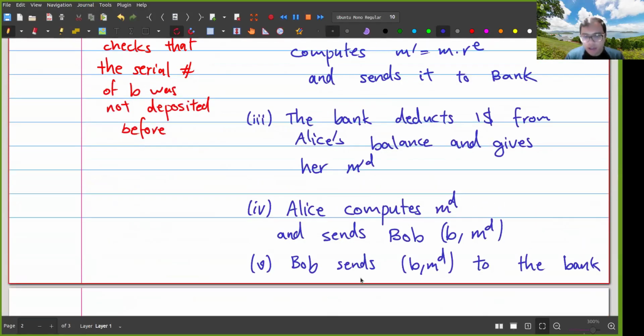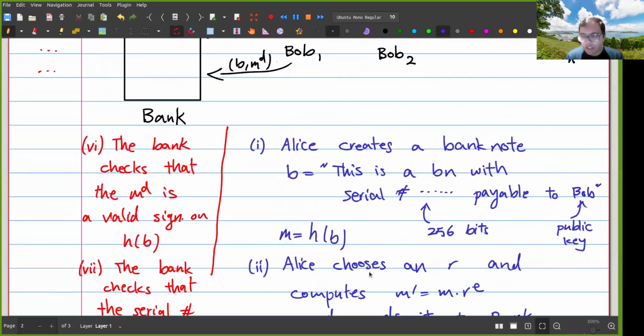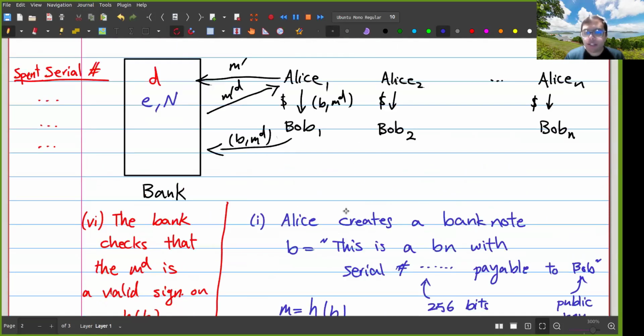And when I send it to Bob, Bob can already check. If he sees his own public key in the banknote, he knows that no one else can possibly deposit this banknote. And if he knows the bank's public key, he can also verify that the banknote is correctly signed. So he can be sure that the only person who can deposit this banknote is Bob himself.